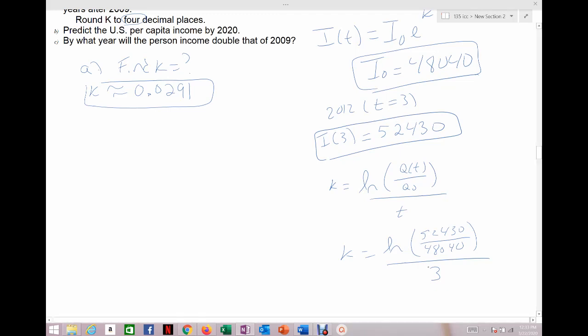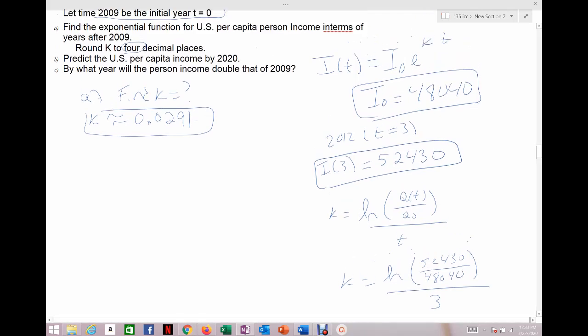If you don't want to do that, what you can do is plug the information into this equation. So an alternative to memorizing that equation: I know that after 3 years, my quantity grew to 52,430. So I set my equation equal to 52,430, plug in my initial value, 48,040, e raised to the growth constant, which is what I'm looking for, times the time I was given, which was 3, right?